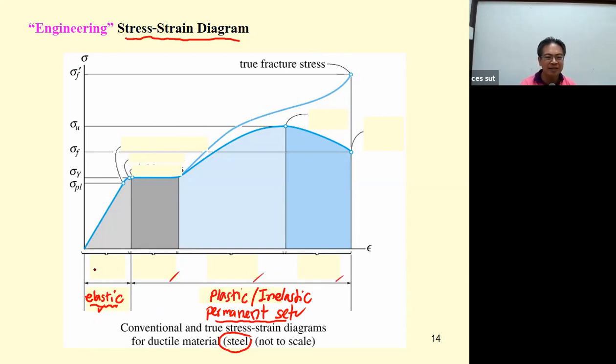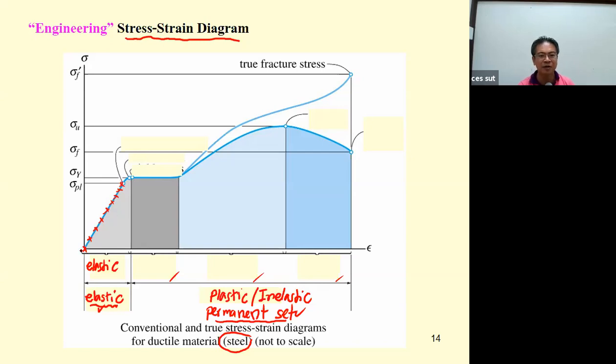Okay, for the elastic behavior, we have this one, the elastic region. In the elastic region, when we apply force to the specimen, the response is linear.